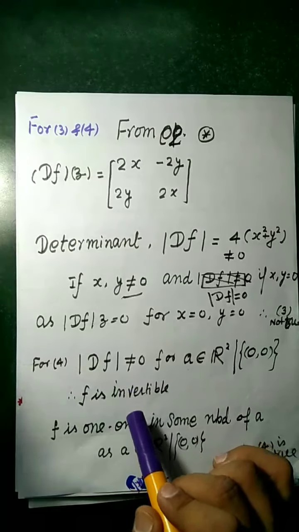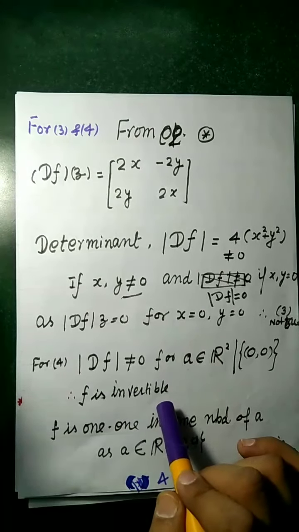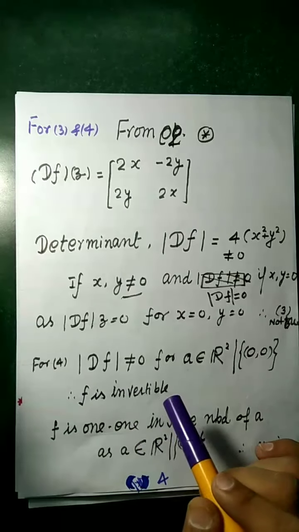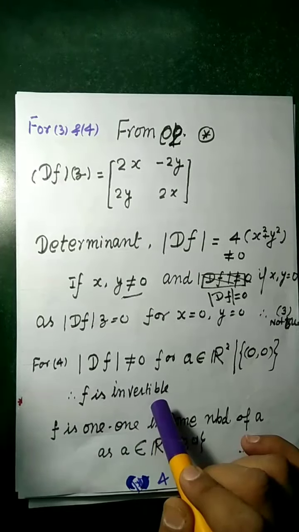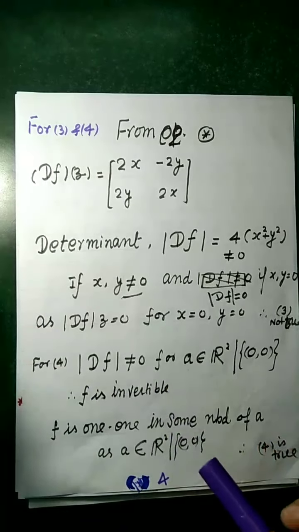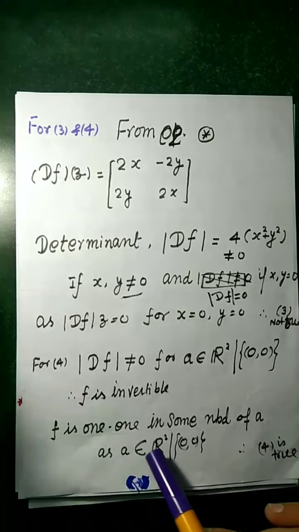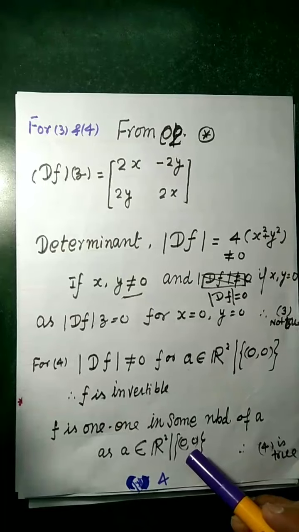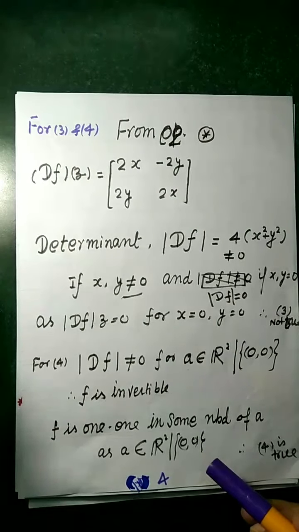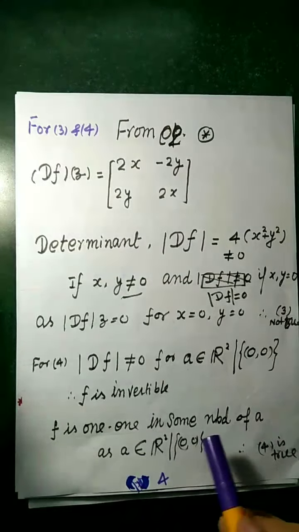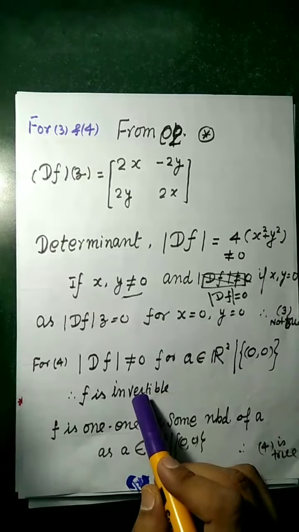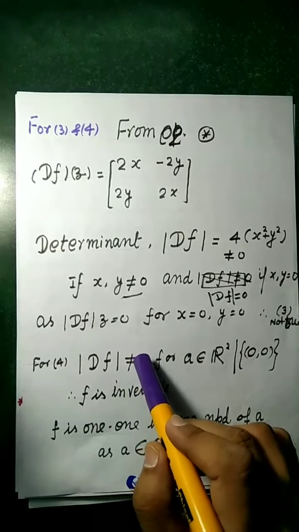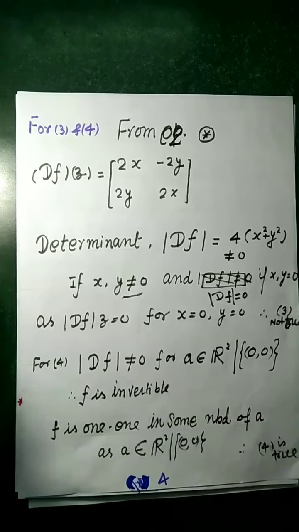As we know, f is invertible if this determinant is not 0. Therefore f is invertible, that means on R2 minus (0, 0), f is 1-1 in some neighborhood of a because f is invertible, since the determinant is not 0. Therefore option 4 is true.